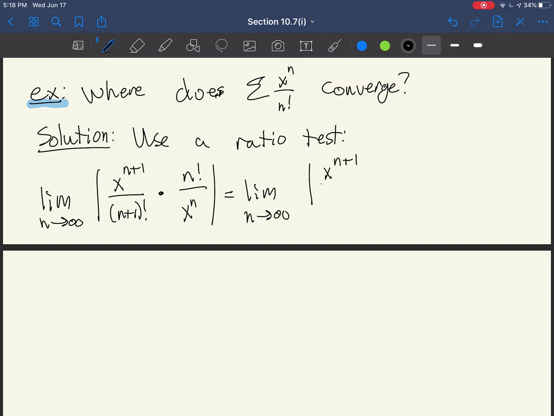This is the limit as n goes to infinity of the absolute value of, arranging the like terms, decomposing the factorial to get common factorials.